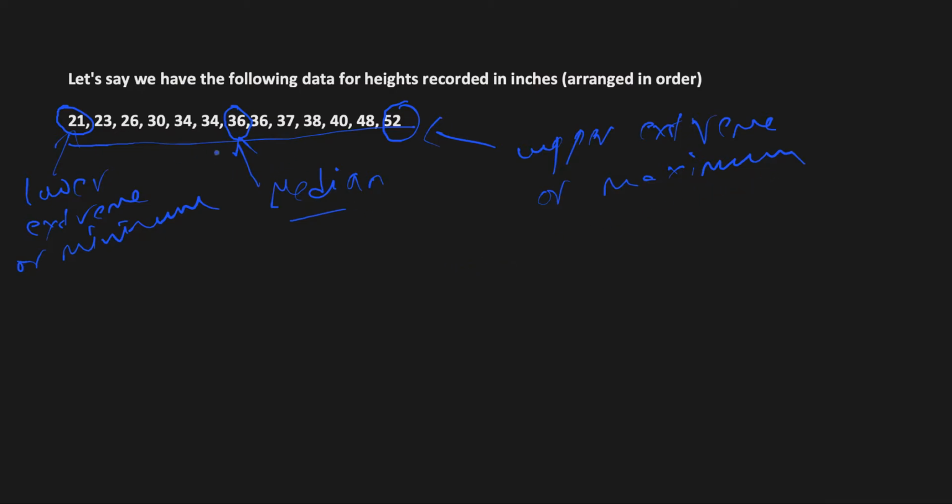The next step would be to calculate the lower quartile, or Q1. We have these 6 numbers to the left of the median.